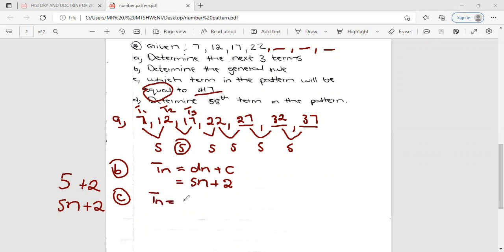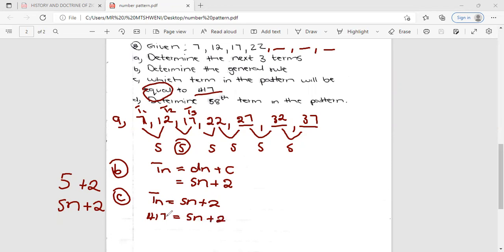Okay, then say 5n plus 2 equals, on the other side of the equal sign, 417. So 417 equals 5n plus 2.